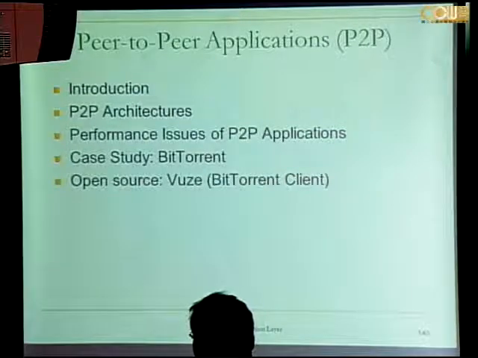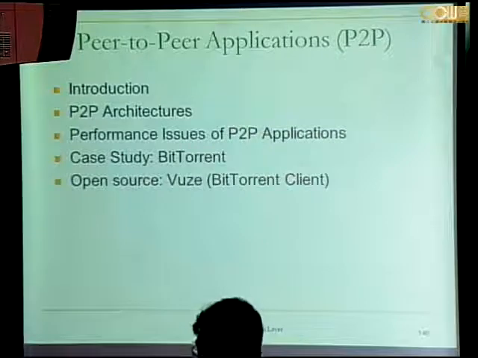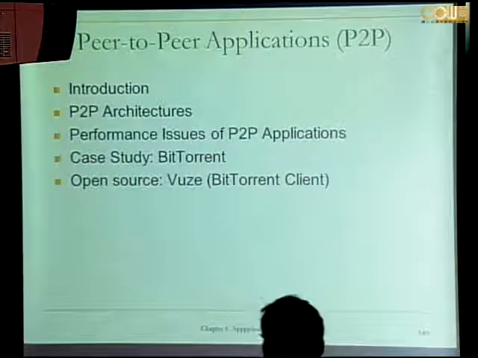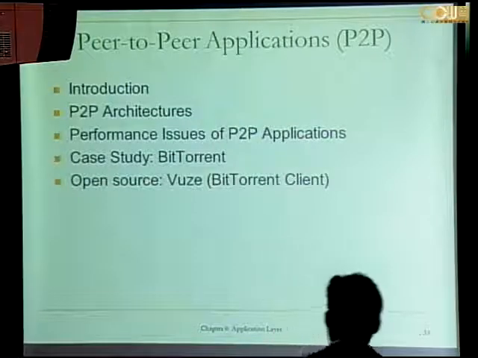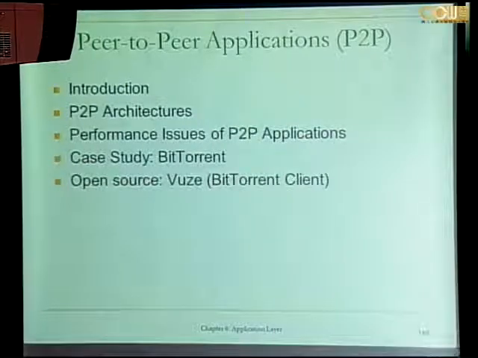We look at the P2P architecture, which has an evolution, and then look at the P2P performance issue, and then BitTorrent, and then the BitTorrent client, which is called Vuze, V-U-Z-E.